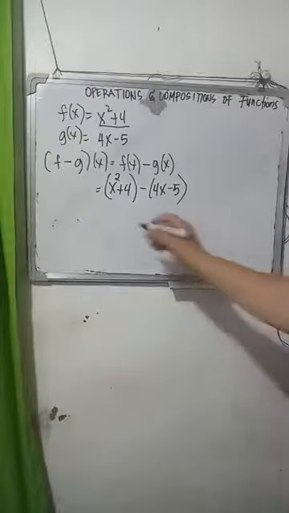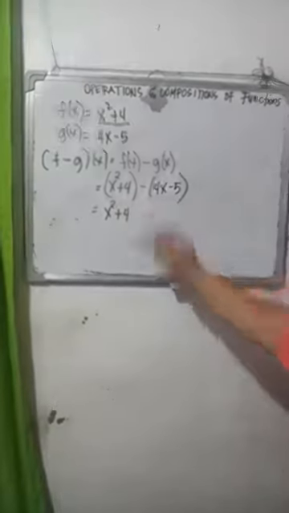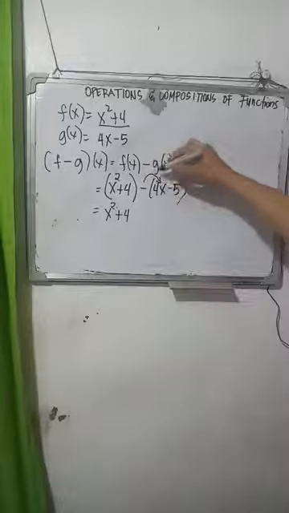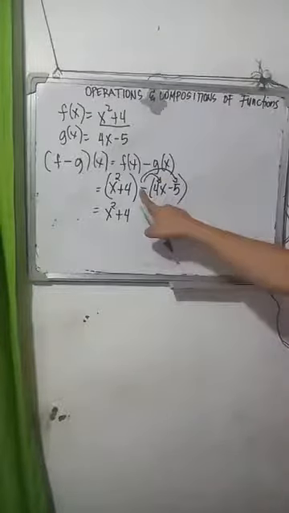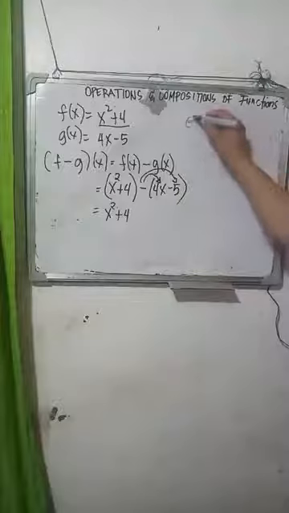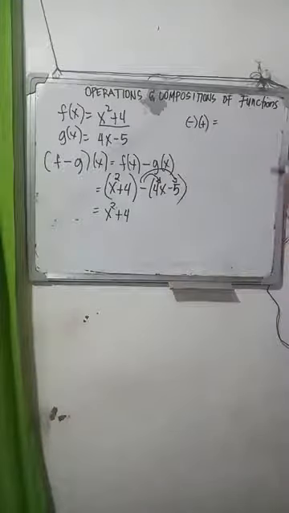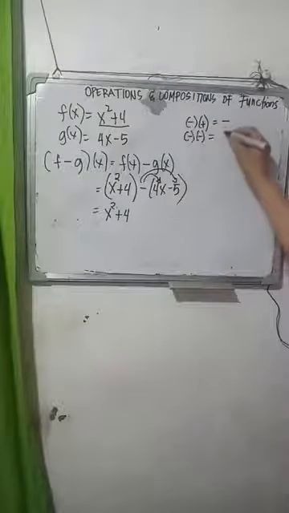So we have x squared plus 4x. Then i-distribute natin yung negative sign dito sa dalawang terms na to. So negative times 4x. Alam natin yung 4x is positive. So negative times positive, that is equivalent to negative. Negative times negative, that is positive.